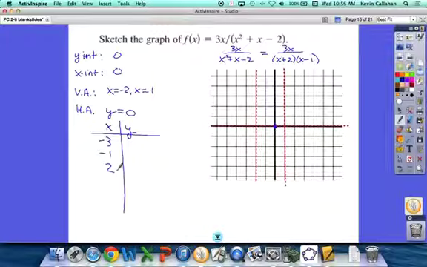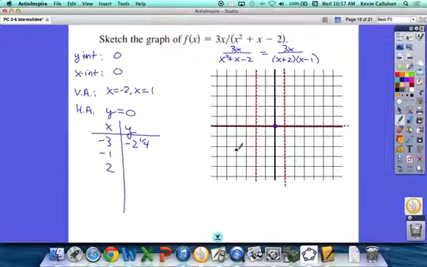If we do negative 3, it's going to give us negative 9 over 9 minus 3 minus 2, which is 4. Negative 9 over 4, negative 2 and a fourth, which would be about there, if I did it right. You can correct me if I'm wrong.